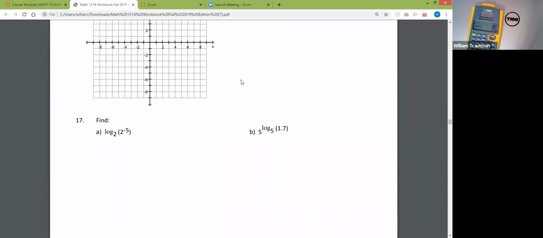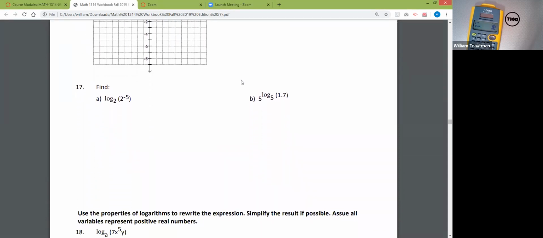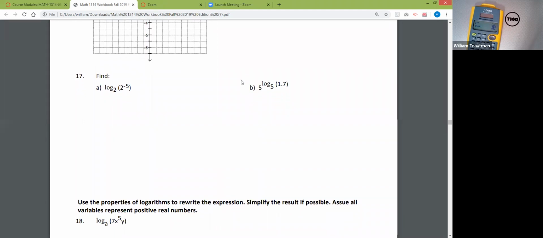All right, so we have more problems. Let's see what we're going to do with these. Let's change them to exponential form.